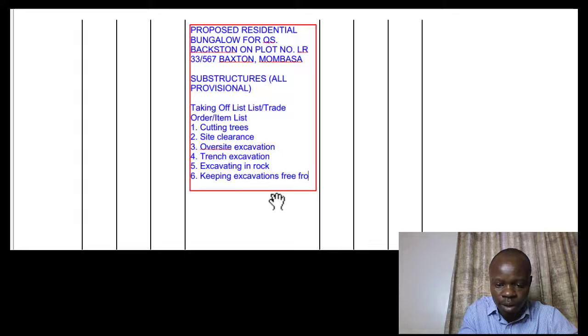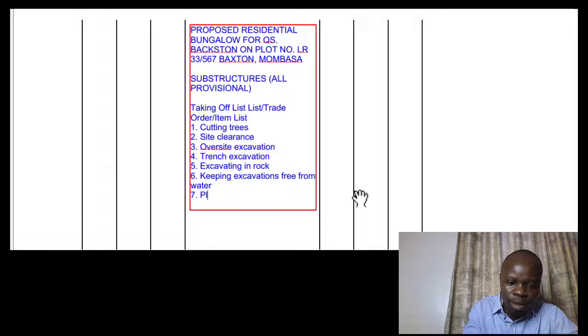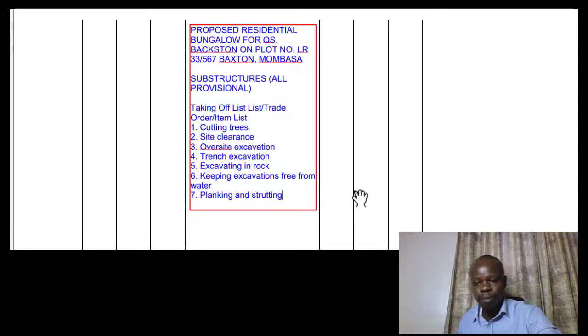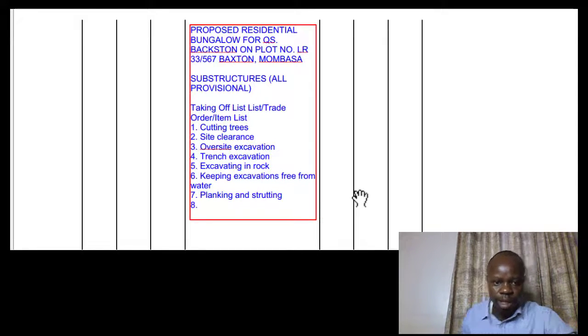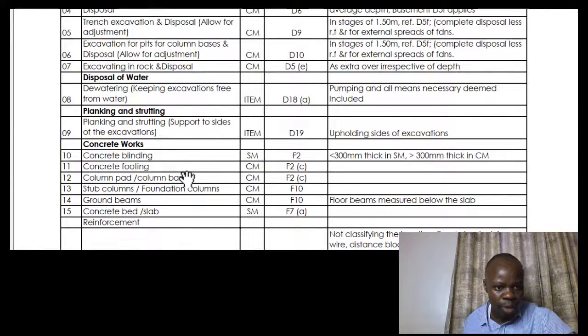And then at number 7 we'll talk about planking and strutting. Then we'll go to item number 8, which would be planking and strutting. Then we'll go to concrete works.